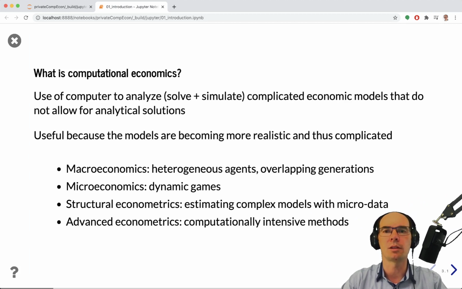And some advanced econometrics techniques may also require heavy use of computers, and here, of course, we touch on machine learning as a field, although we will not pay much attention to machine learning in this course.